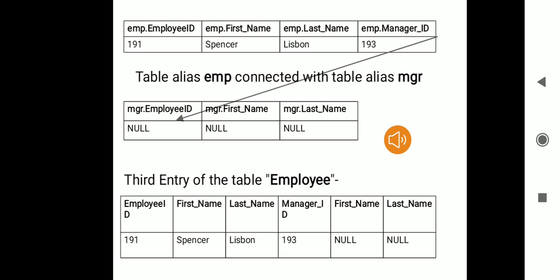Hence, the third entry in the table has employee ID as 191, first name for employee as Spencer, last name for employee as Lisbon, manager ID as 193, first name for manager as null, and last name for manager as null.